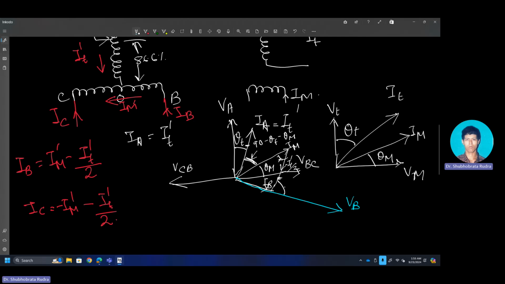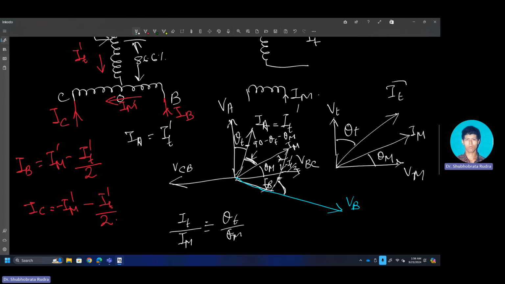Also, you can figure out the exterior angle of this triangle. What you need to figure out is just the relation between IT by IM with theta t and theta m.